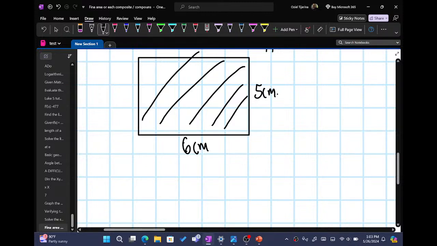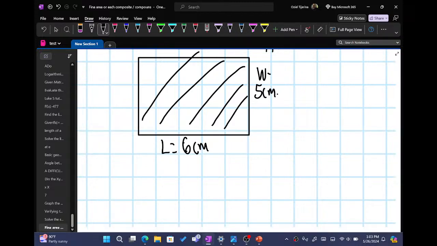So the length is 6 centimeters, the width is 5. So the area is 6 times 5, which is 30 centimeters squared, right?